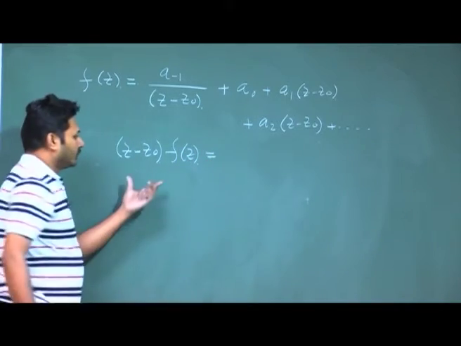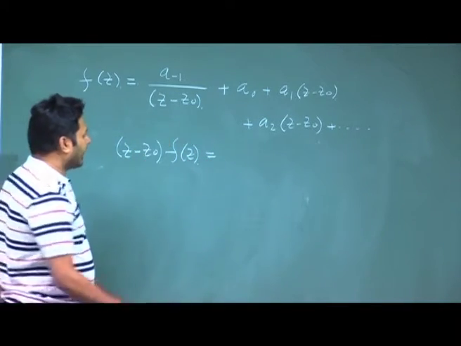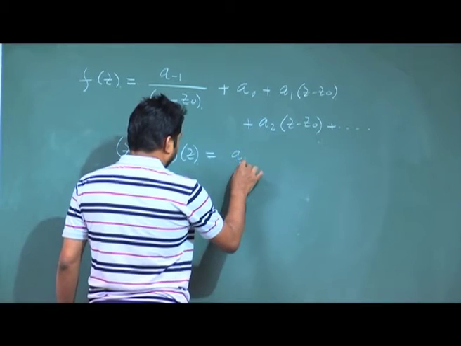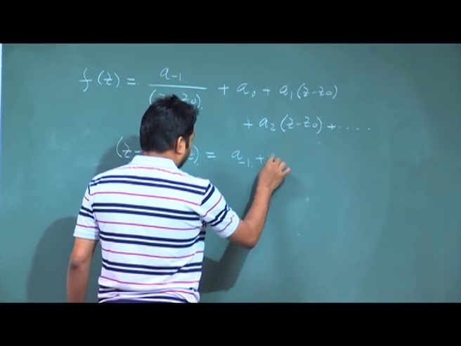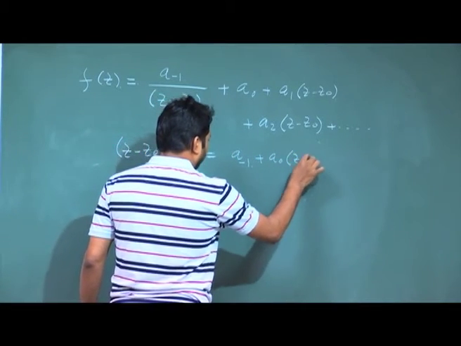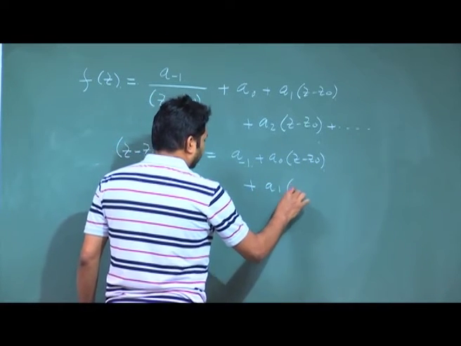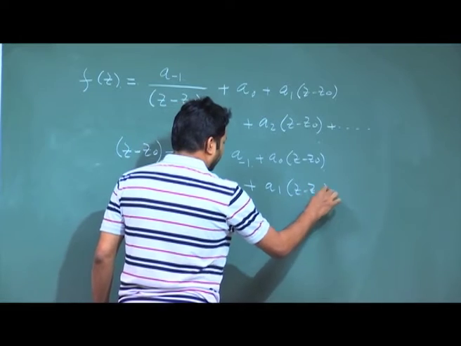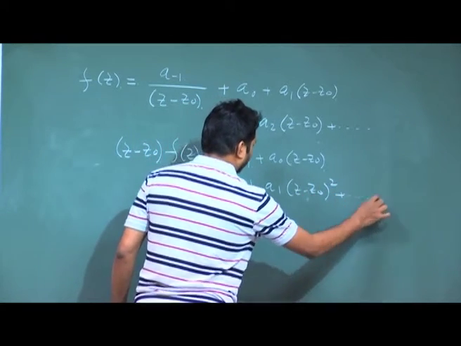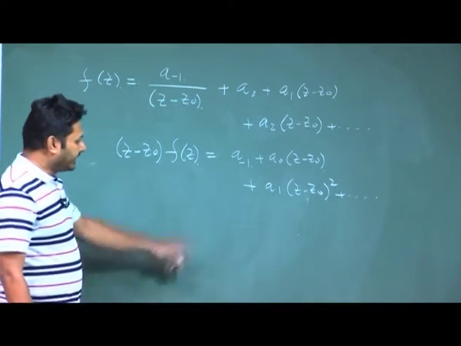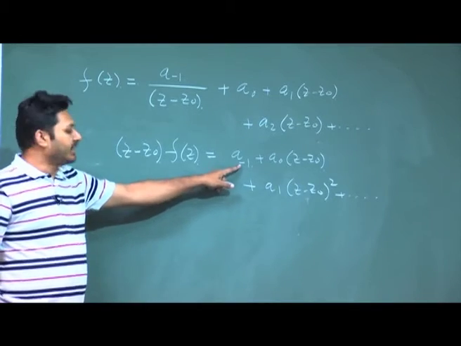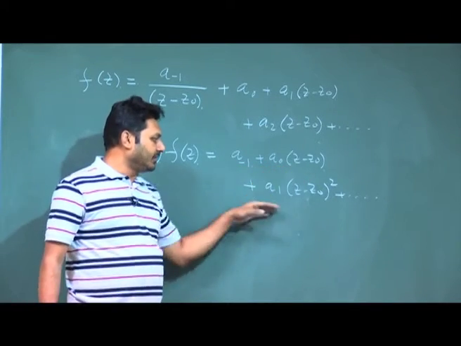On the left hand side we get (z minus z0) f(z), and the right hand side will be a_{-1} plus a_0 (z minus z0) plus a_1 (z minus z0) squared, and so on. I can extract a_{-1}, but apart from that I also have these other terms.